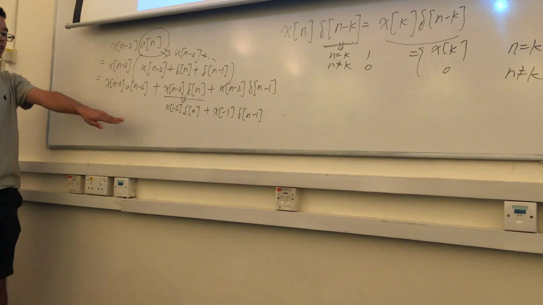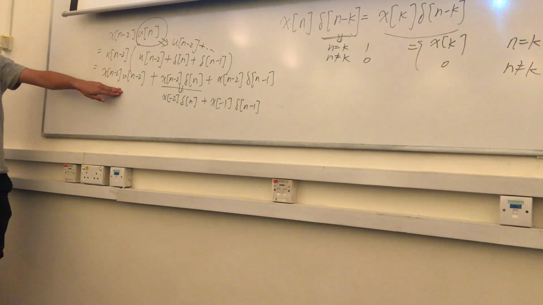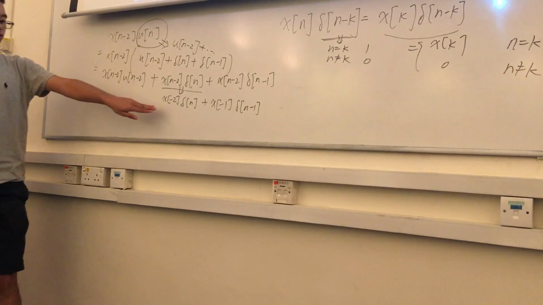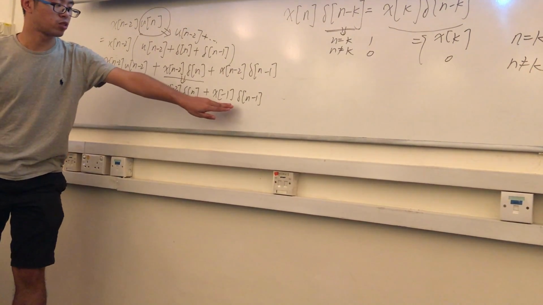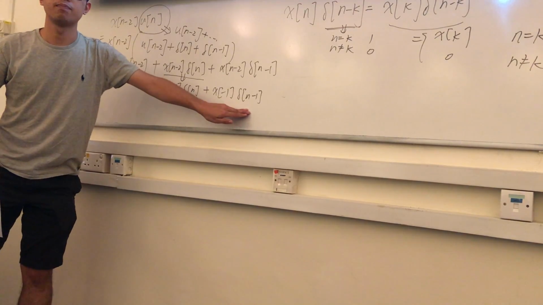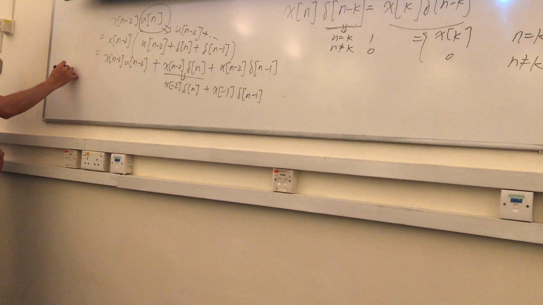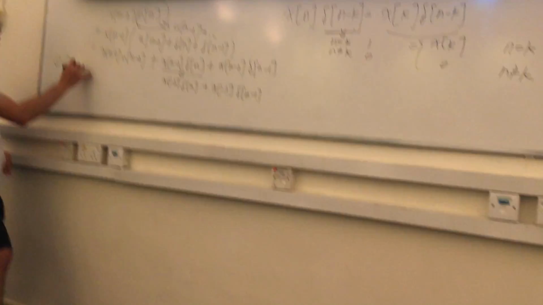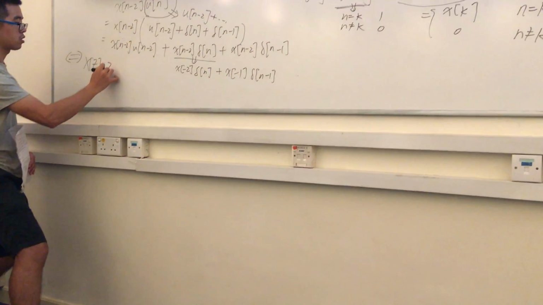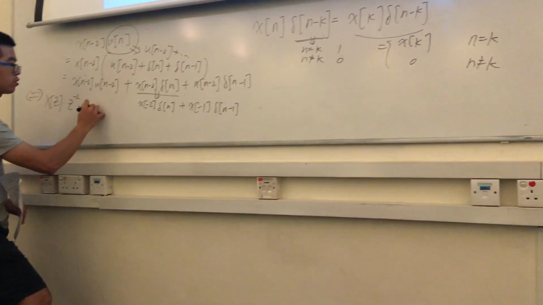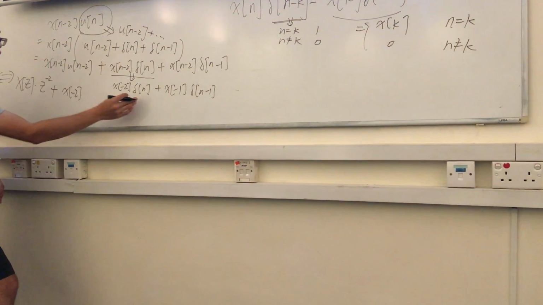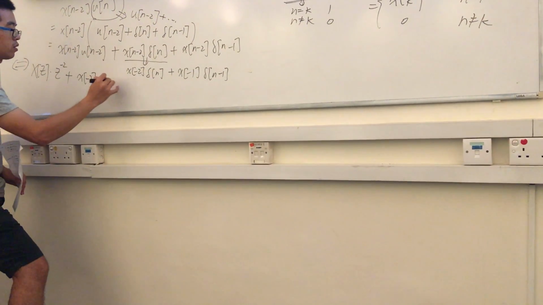Now it's easy. For this one we can use the time shifting property. We have the Z transform of the impulse signal, and this is the Z transform of the delayed impulse signal, so this is equal to X(z) z^(-2). The second part is a constant value, and it corresponds to 1.